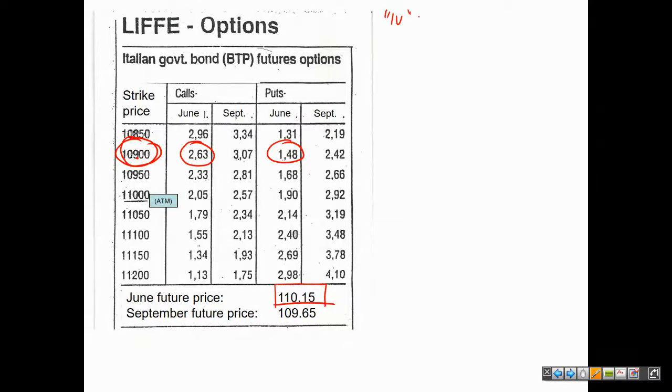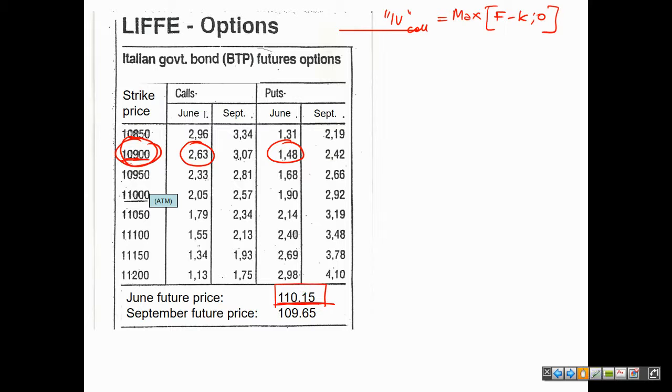According to my definition of intrinsic value, which in this case would be the maximum between F minus K or 0. For the 109 call, which is this amount exactly? I can buy at 109 rather than 110.15, so it's 1.15, okay?